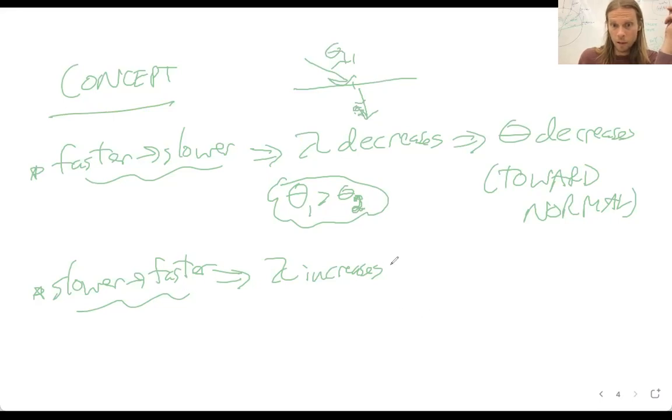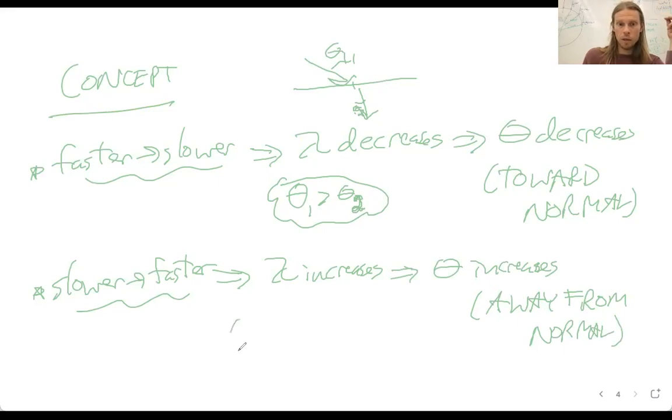Slower to faster, lambda increases, so theta increases, away from the normal. Perfect. And we get that theta 1 is less than theta 2. It bends away from the normal like this.